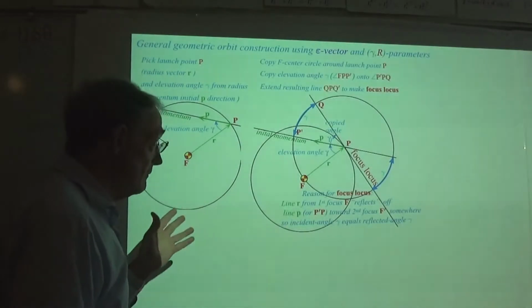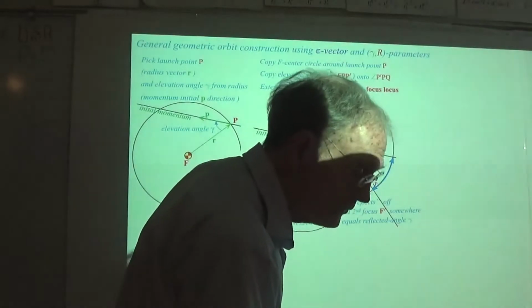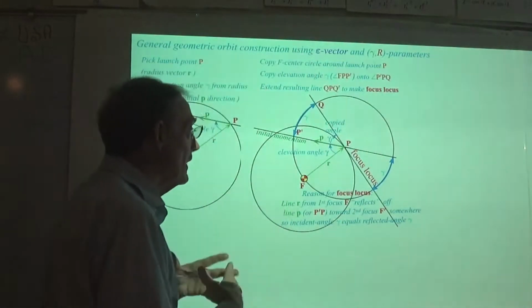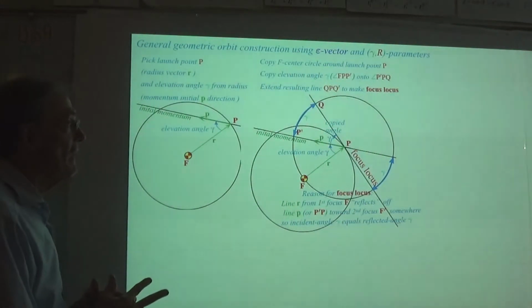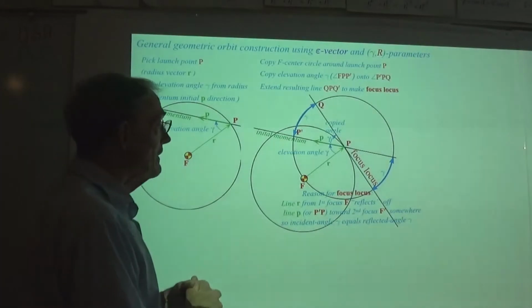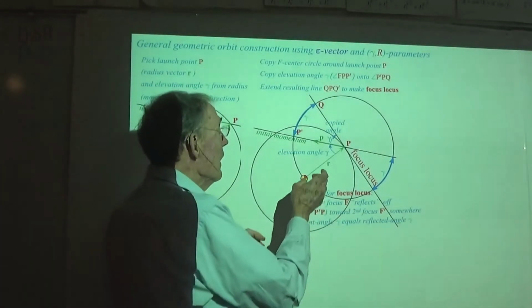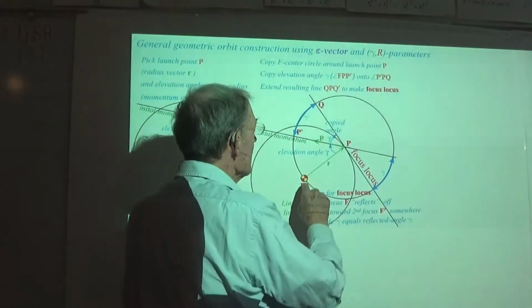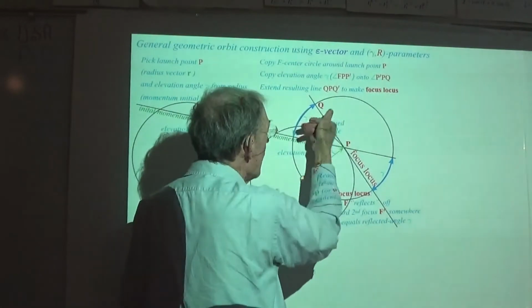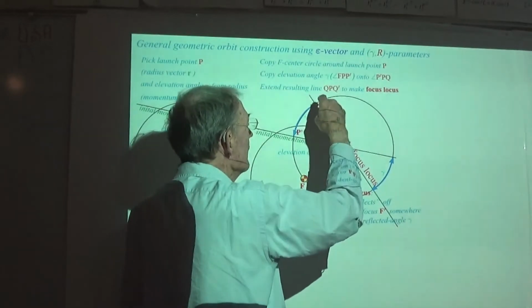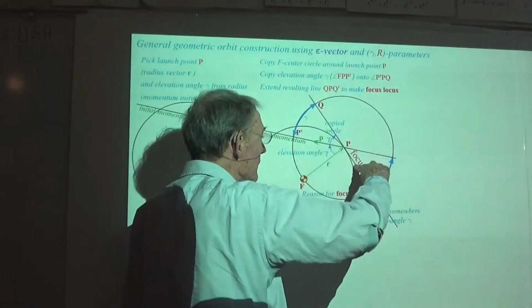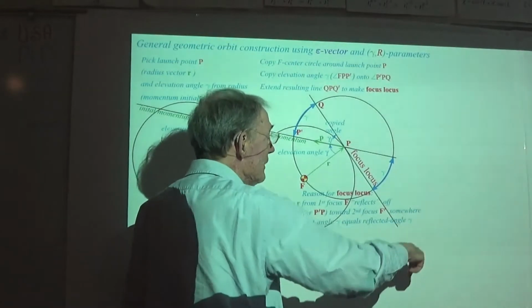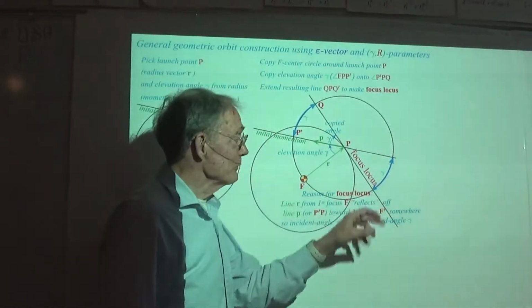The second basic step, looks like there's more than just a step. It's kind of a family of steps going on here. And that is, you copy this angle. If you copy that angle, gamma, and then draw a line through the point of launch, you get the focus locus.